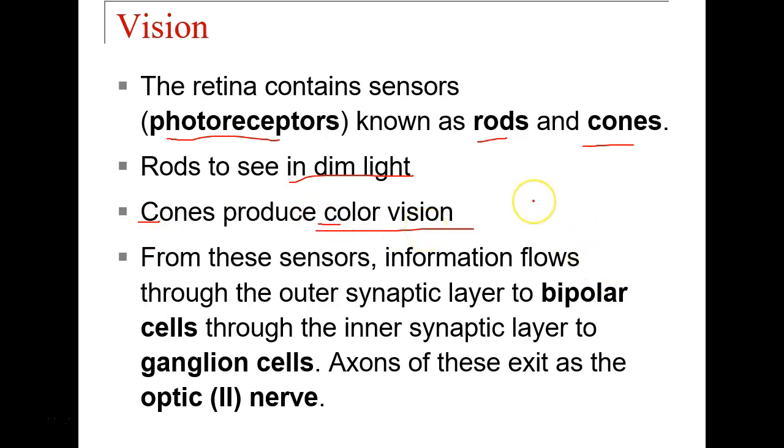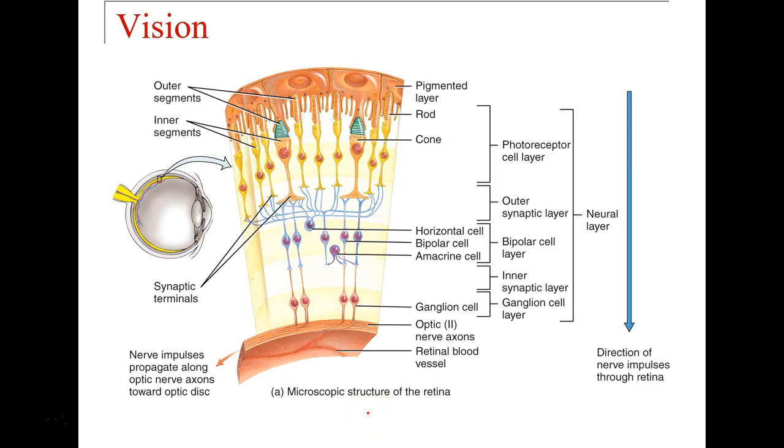Once light hits the retina and the photoreceptors pick this up, we synapse through the bipolar cells onto the ganglion cells. The axons of ganglion cells exit the eye and produce the optic nerve. So here is the outer layer of the retina.